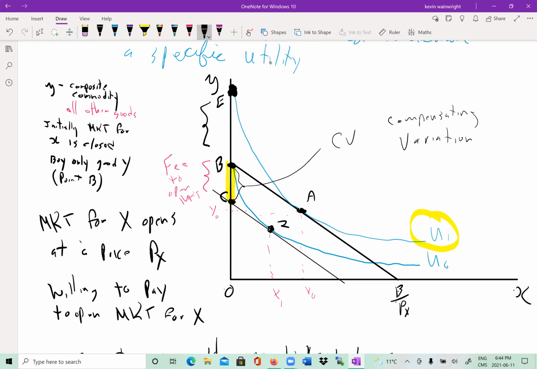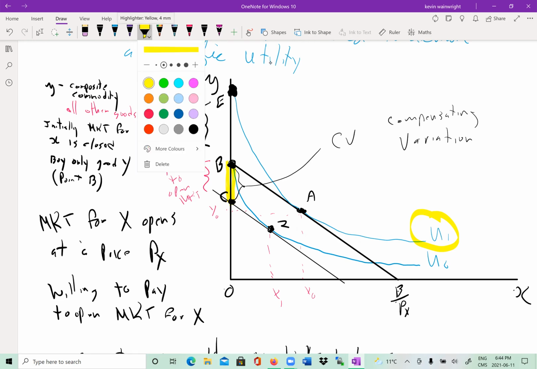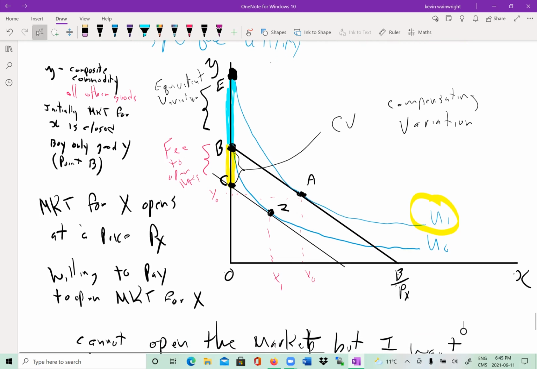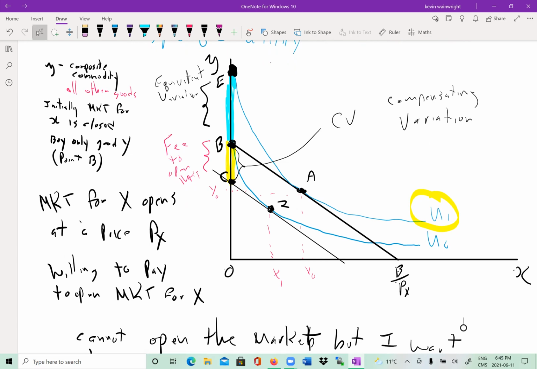And that's what's known as the equivalent variation.